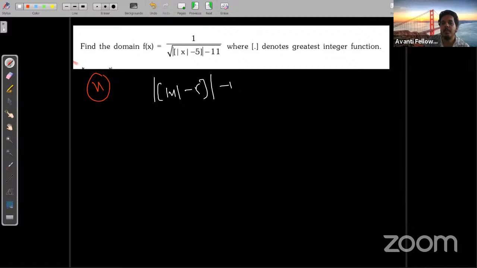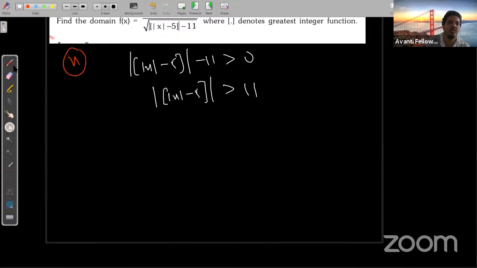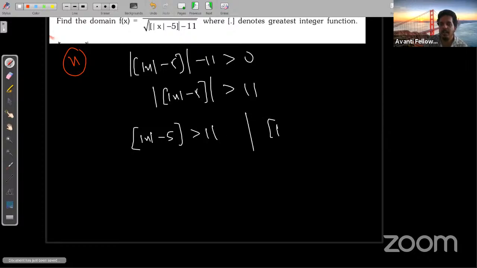So the step of mod x minus 5 is greater than 11. If the modulus of something is greater than 11, then if you remove the modulus, what happens? The inside one has to be greater than 11 or less than minus 11.